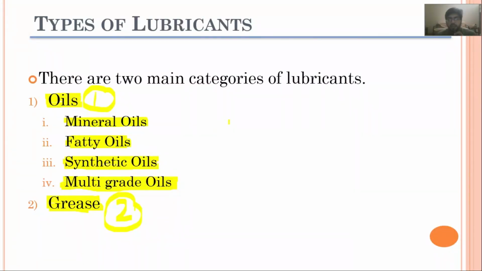Then we had different types of lubricants, the different categories in which we can categorize our lubricants, and we discussed the details of the different lubrication oils in today's class.